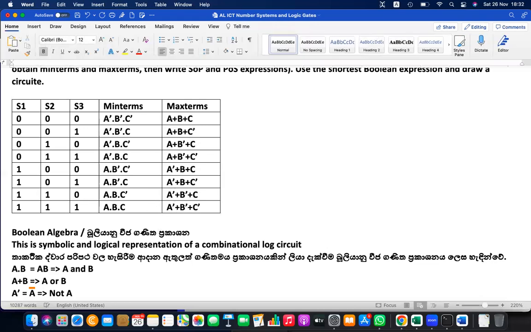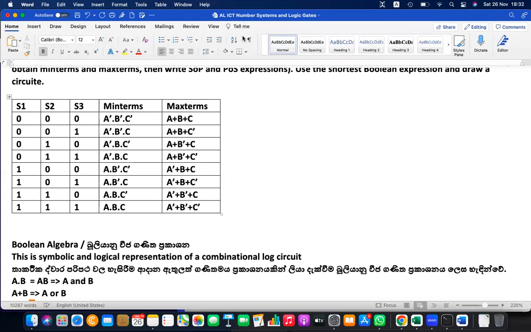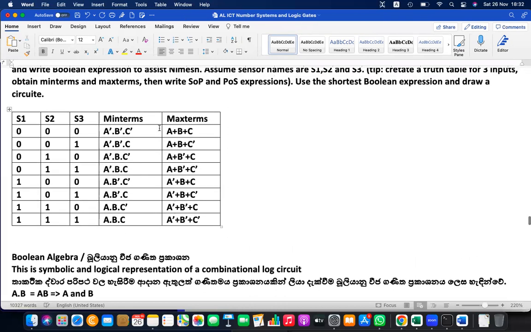Then select the relevant min terms and also the relevant max terms. How to do this? Here, if at least 2 sensors are emitting 1, the output is 1. Here it is 0, no 2 sensors. Here also 1 sensor, here also 1 sensor, but here 2 sensors.